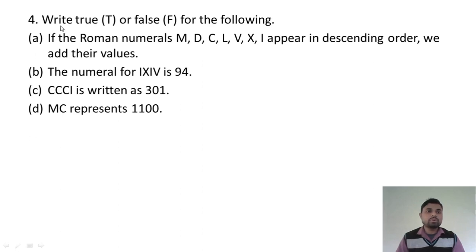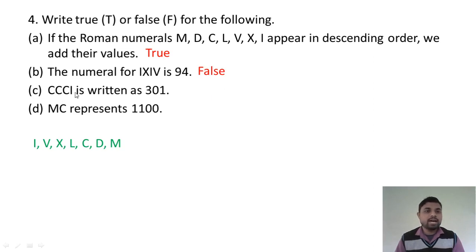Question number 4. Write true or false for the following. The numeral for IX IV is 94. No, you have 9 and 4. You cannot write it this way. You have to write 94 as 90 plus 4. So it will be false. Okay.